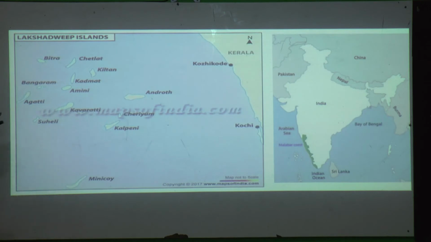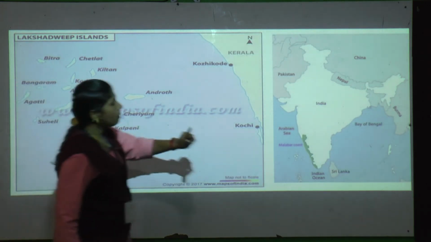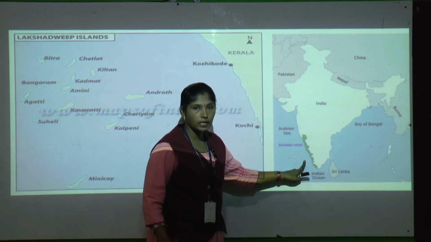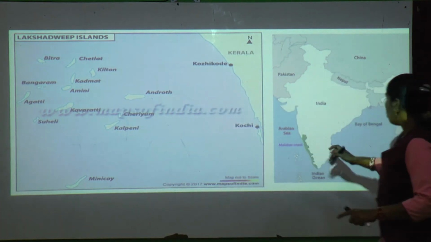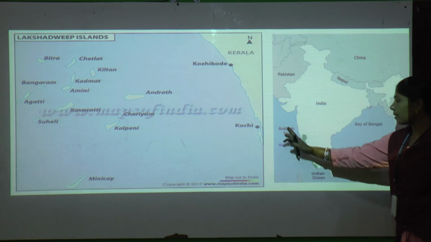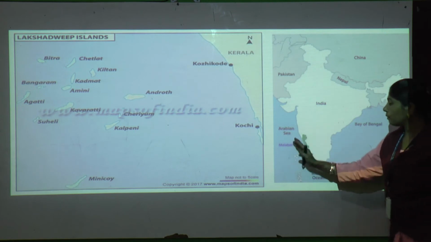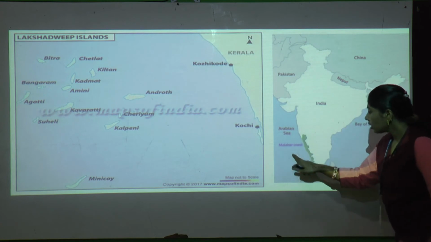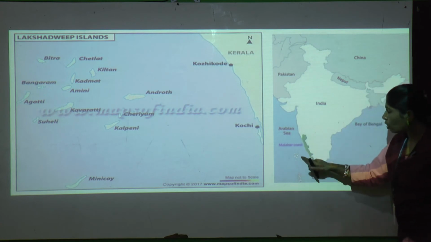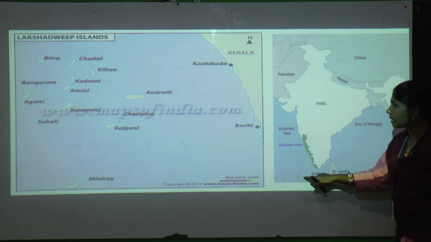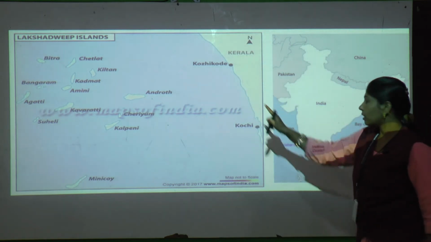Now see, these are the Lakshadweep Islands. Can you tell me where the Malabar coast is? We have already studied that. By the Arabian Sea we have the western coastal plain, and we have the Malabar coast. Can you see a small drop of islands? Yes, this is nothing but the Lakshadweep Islands.